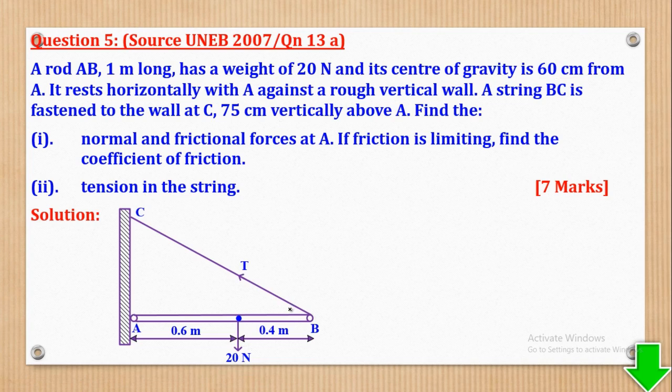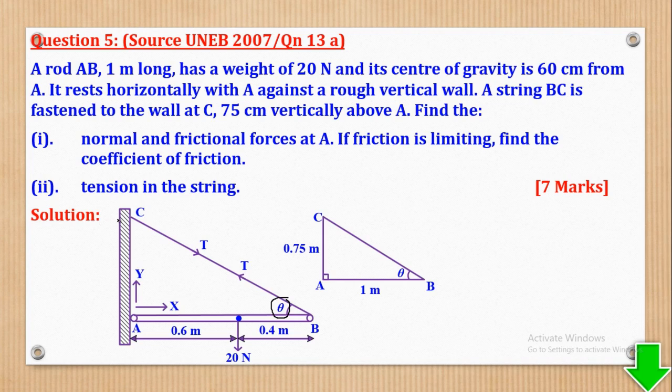The next is to show the tension in the string. So that is the tension in the string. The inclination is needed for you to take moments and to resolve. We also have the force here, normal reaction, and also the friction. So friction is capital Y and normal reaction is capital X. But we don't know this inclination, so we have to first get it before we can take moments or resolve.